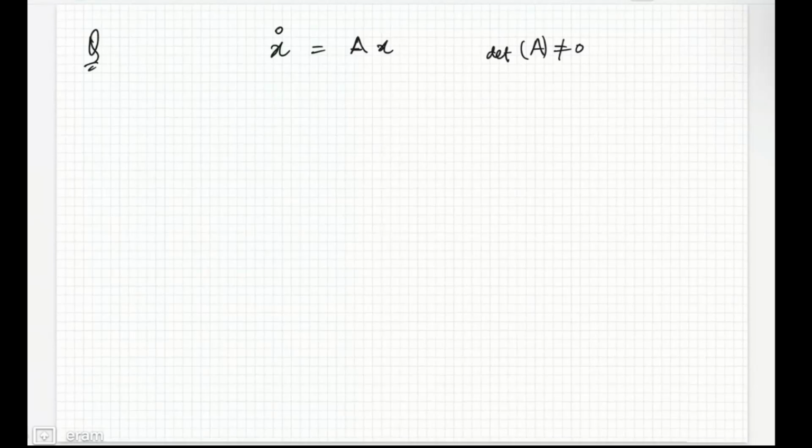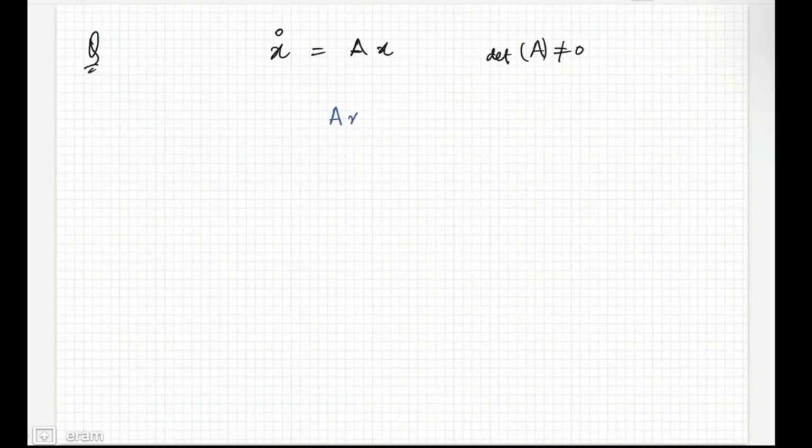We have to make this Ax equal to 0. Now if A is not 0, then the only possibility for this to be 0 is the 0 vector, right? X has to be 0. So for a linear autonomous system, we have a unique equilibrium, and that equilibrium is nothing but 0.